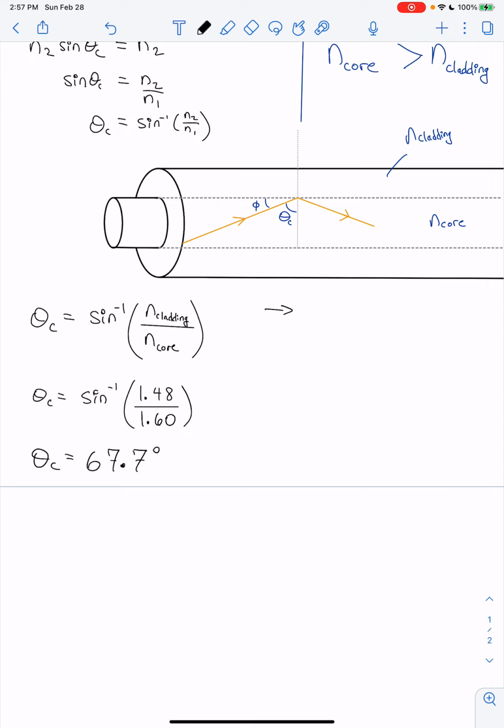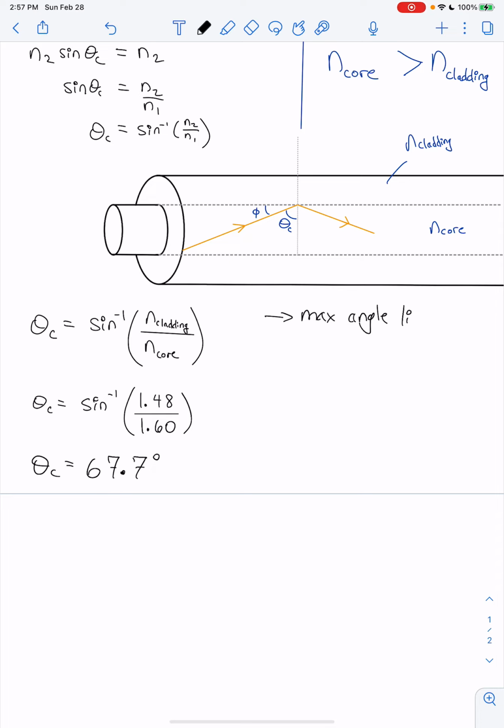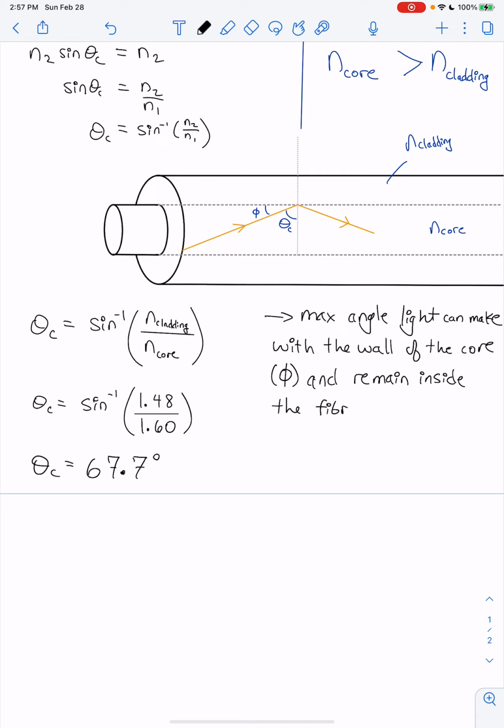That means the max angle light can make with the wall of the core, which I denote as phi, and remain inside the fiber, is 90 degrees minus 67.7 degrees, which is equal to 23.3 degrees.